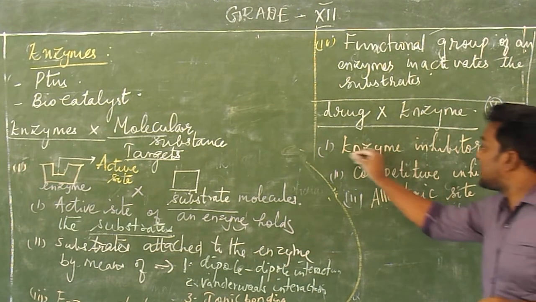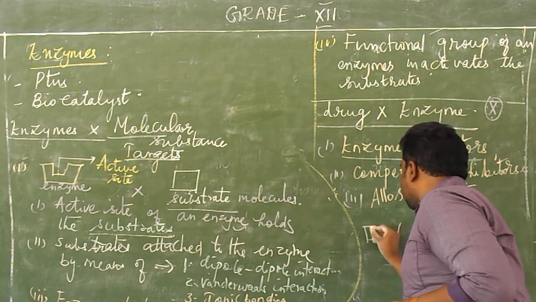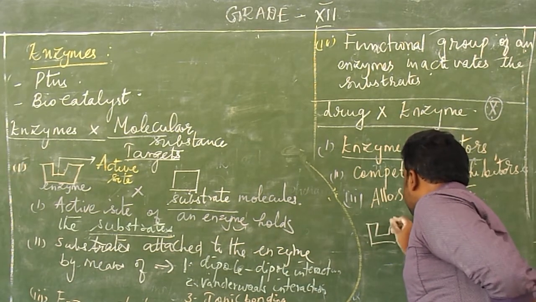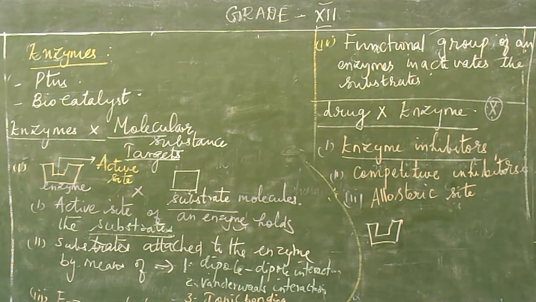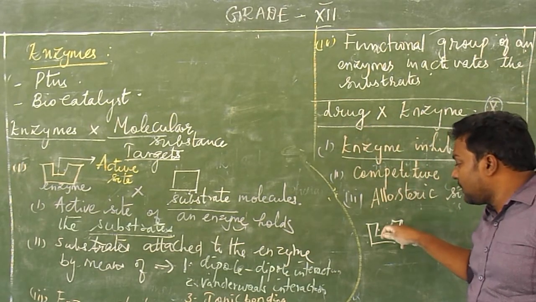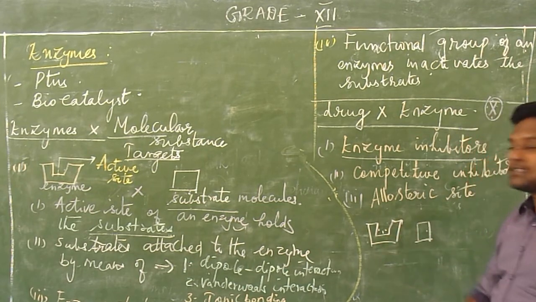So, enzyme inhibitors. We know the enzyme. This is our enzyme, and this is the binding site of an enzyme. Now when we take the drug, we know this active site is very important in order to hold the substrate molecules.